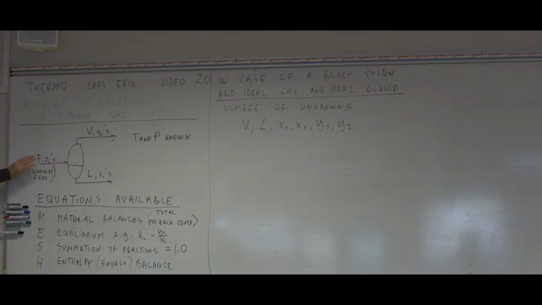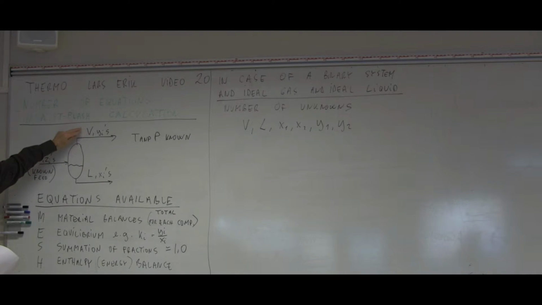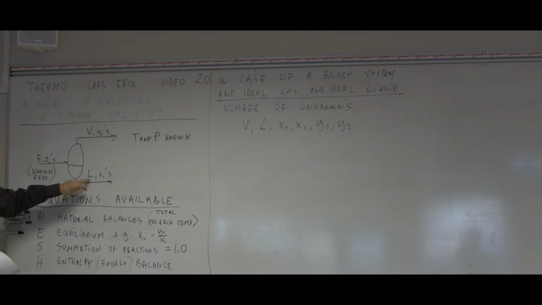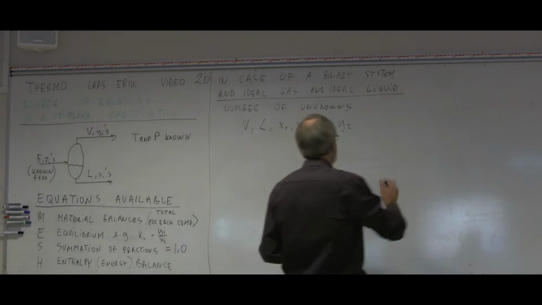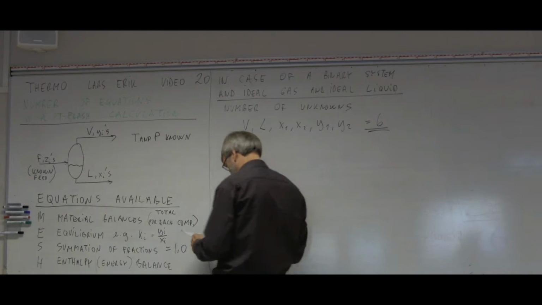In this system, we know the feed, we know the temperature and the pressure, but we do not know the vapor flow, the vapor composition, the liquid or the liquid composition. So we can state that we have 6 unknowns.